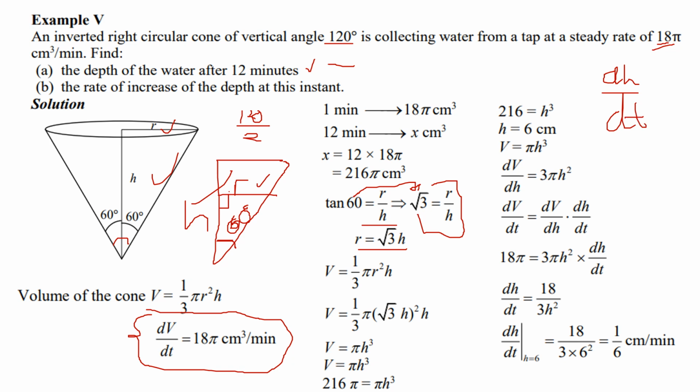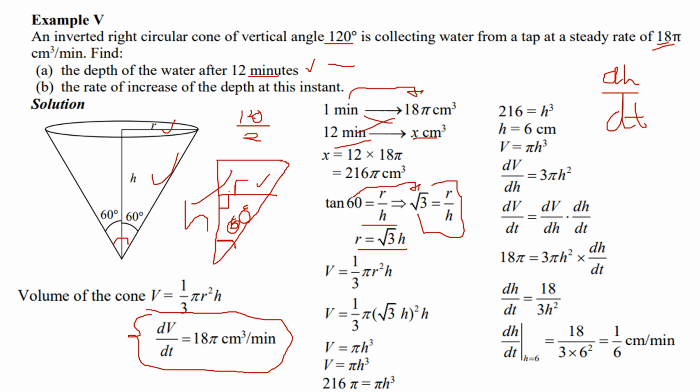But remember that we don't know the volume in which these 12 minutes are existing. So you are going to say that 1 minute contains 18 pi centimeters cubed, and what volume is the 12 minutes going to contain? It contains x, we don't know.